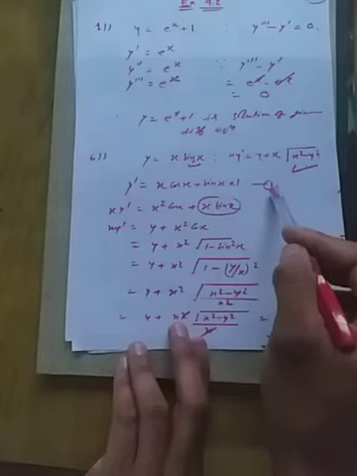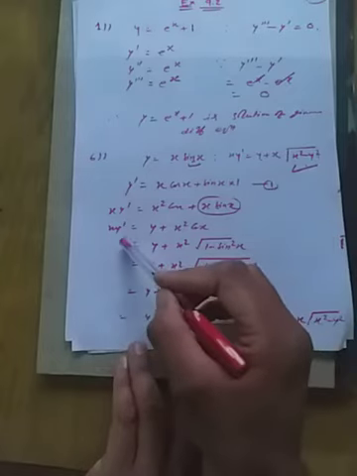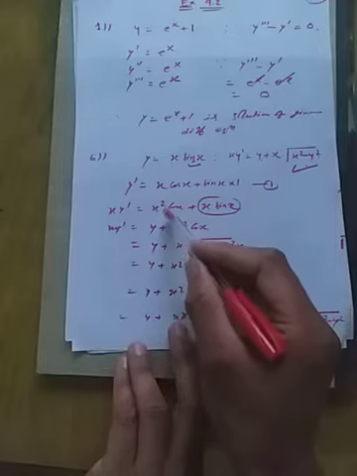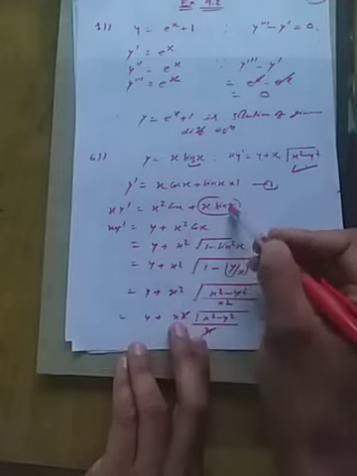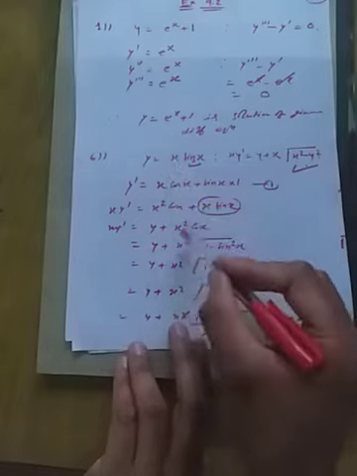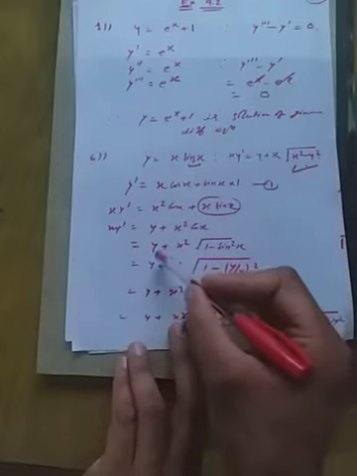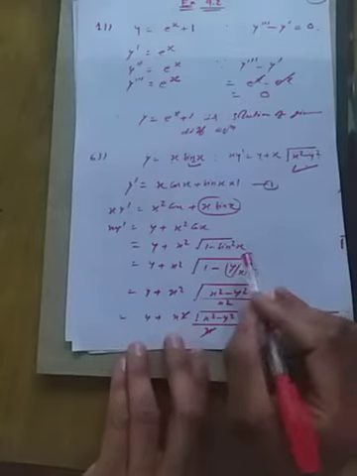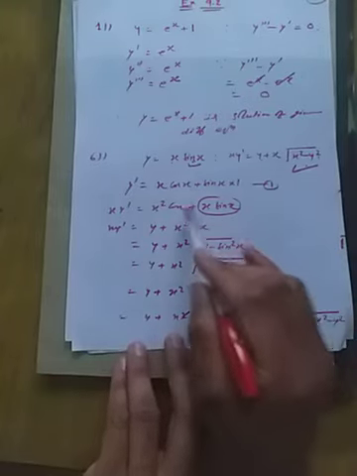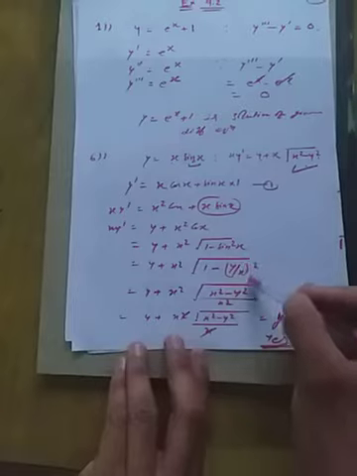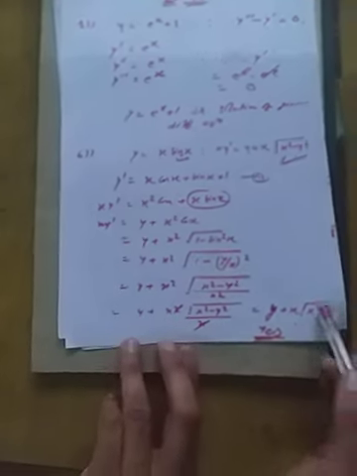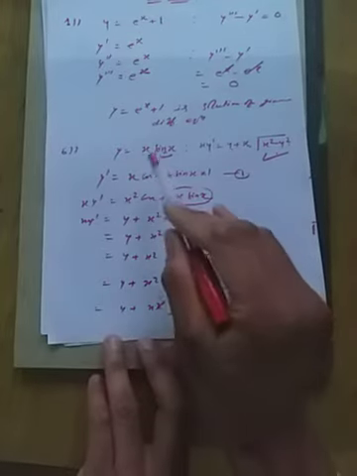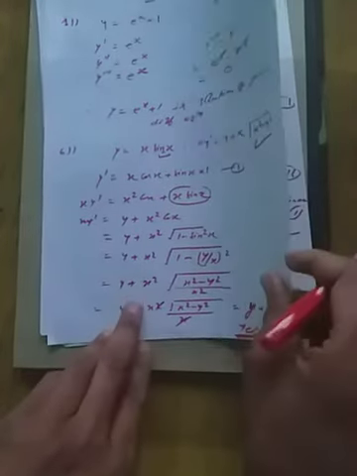After this, I will multiply equation first by x: x y dash equal to y plus x square cos x plus x sin x. x sin x means y, so y plus x square cos x, where cos x equals root of 1 minus sin square x. Then you will put the value of sin x, which is y upon x, whole square. After solving this, you are getting y plus x root of x square minus y square. Yes, this is the solution of this differential equation.